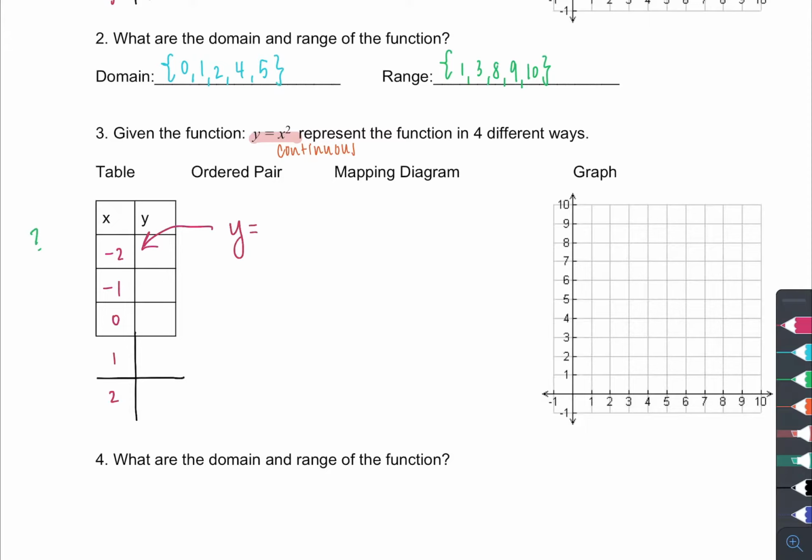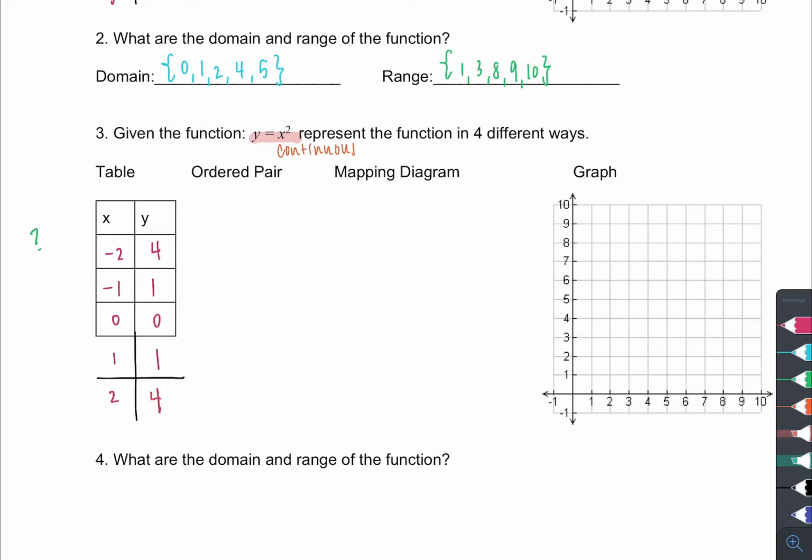y equals -2 squared, coming from this equation right here. So -2 squared is 4. And then we keep going. So then I'm just going to do it in my head. You can type it into a calculator if you need to. -1 squared is 1, 0 squared is 0, 1 squared is 1, and 2 squared is 4.